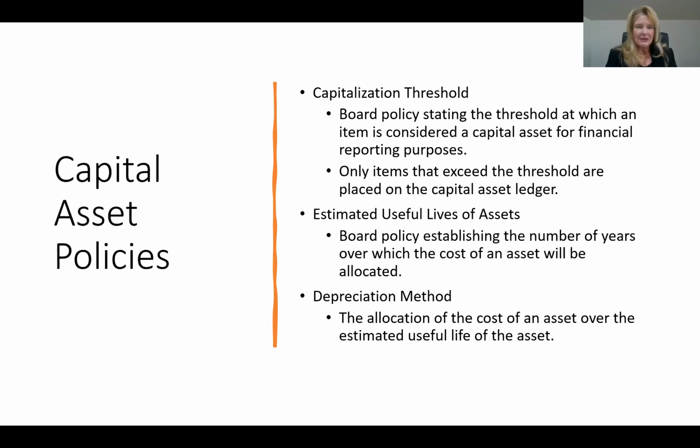Estimated useful life, again, that's your board policy on what standard or what category they're going to be using for the number of years that an asset will be allocated. And then your depreciation method, that's the allocation of cost of the asset over the estimated useful life of an asset. The most common one that's used is straight line depreciation.